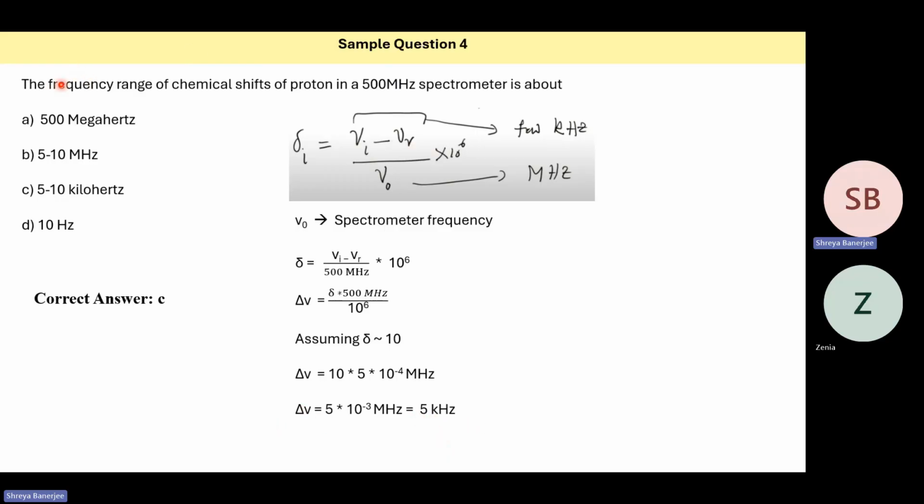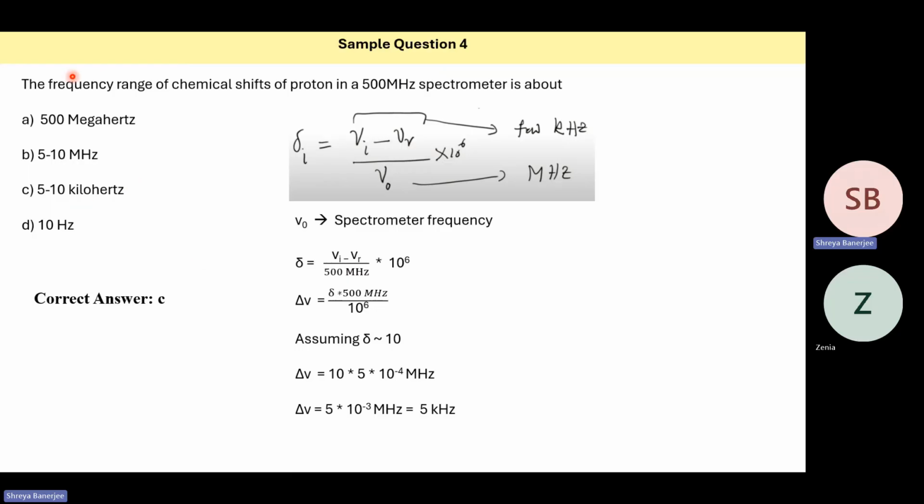So we were asking for the frequency range of chemical shift. That is why we are taking delta nu, because we want the entire frequency range. We know the frequency of the reference is at 0, and we are taking the observed frequency. So that is the entire frequency range. So that delta nu is what we have to calculate, and it is coming around 5 kilohertz.